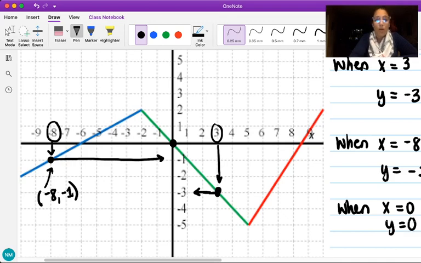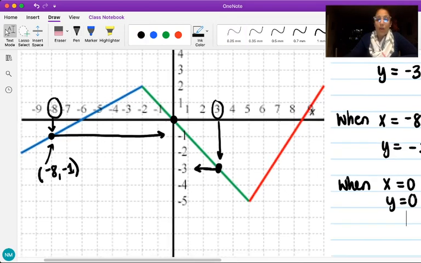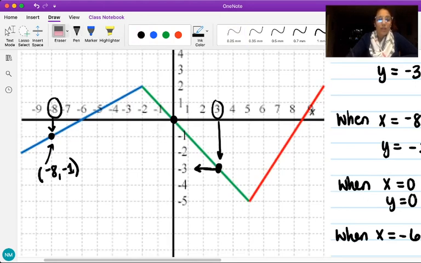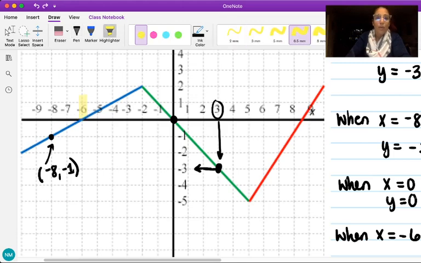And then one more. When x equals negative 6. So I go to x equals negative 6. I'm going to delete this. I'll keep that there. When x equals negative 6, right? So here's my negative 6. Where's my point on negative 6?